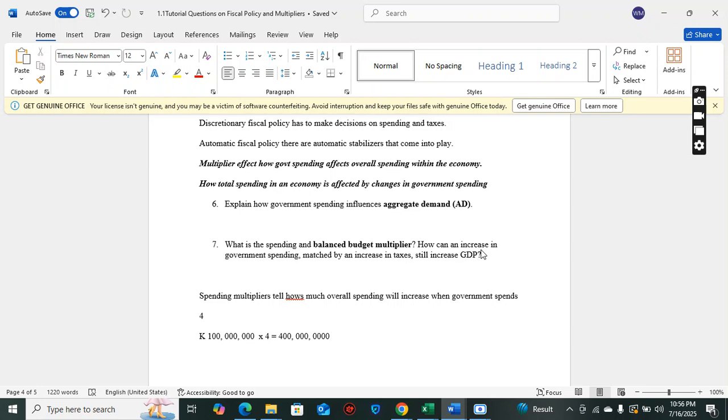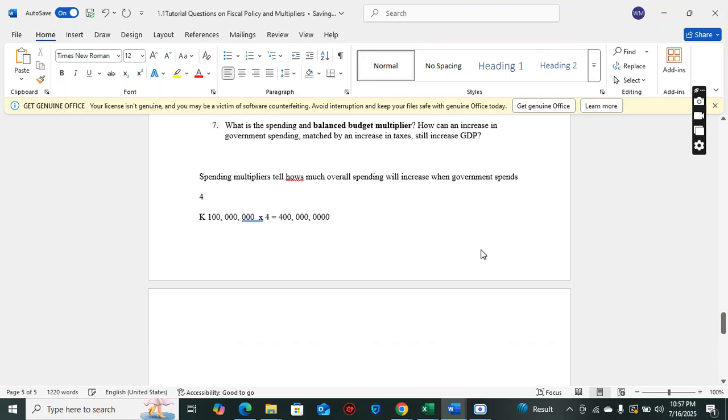Then the balanced budget multiplier is saying that if government increases spending and also increases taxes by the same amount, overall spending within the economy will still increase.